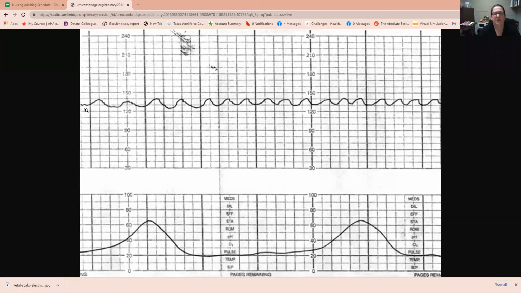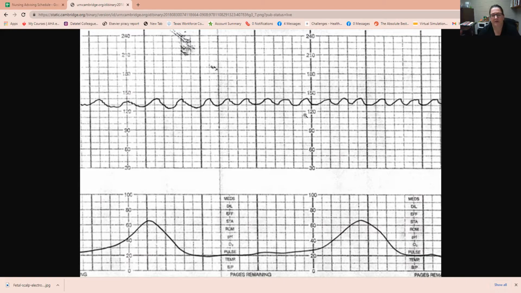I want to talk about a baseline pattern that sometimes we mistake for variability. There's a baseline pattern called sinusoidal. And it's when the fetal heart rate baseline does vary, but it's a really even fluctuation.